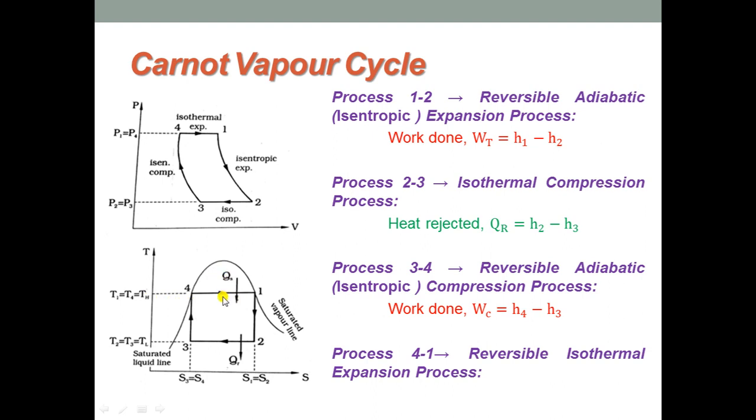The evaporation of water takes place at this temperature and pressure until the water gets converted into dry steam. Hence, heat supplied during this process inside a boiler is given by H1 minus H4, where H4 and H1 are the enthalpies of saturated liquid and dry saturated vapor respectively.